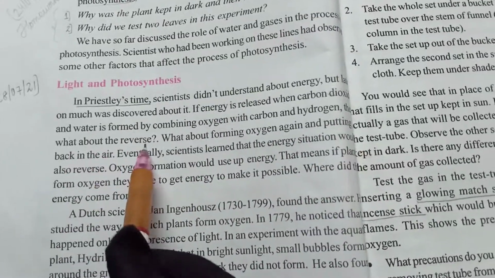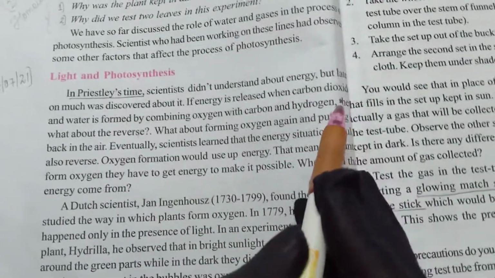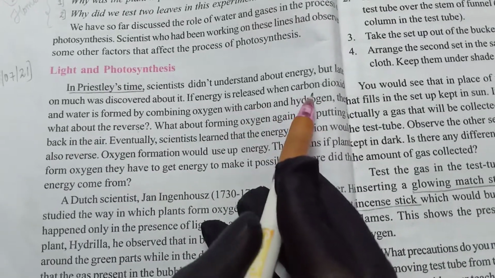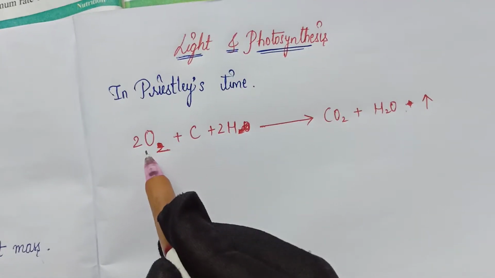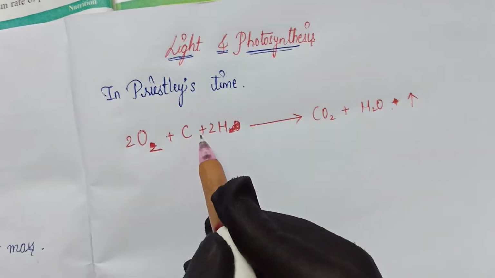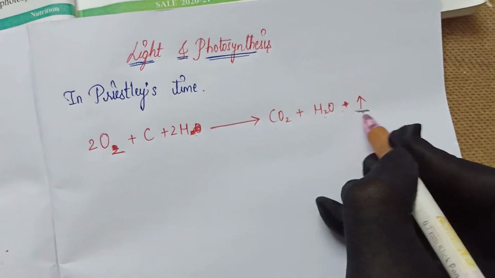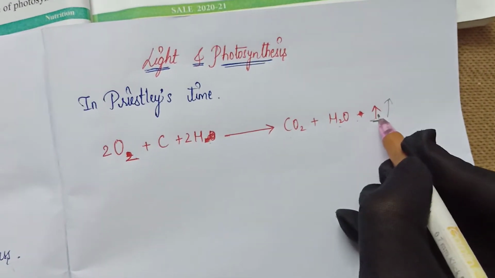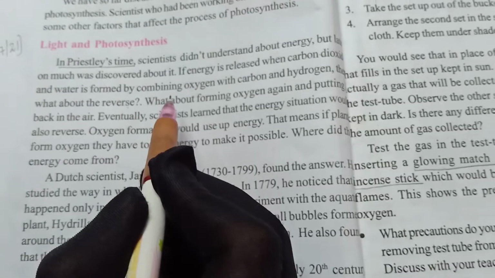As you can see here, by combining oxygen, carbon and hydrogen, carbon dioxide and water are formed, and here energy is released. This arrow mark indicates that the energy is being released. By this energy the plants carry out their daily activities.